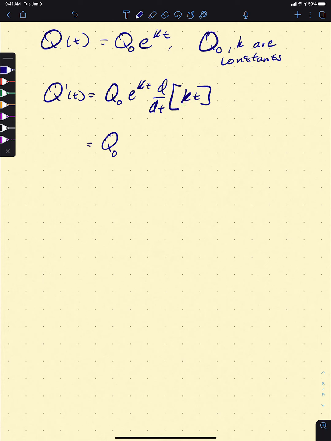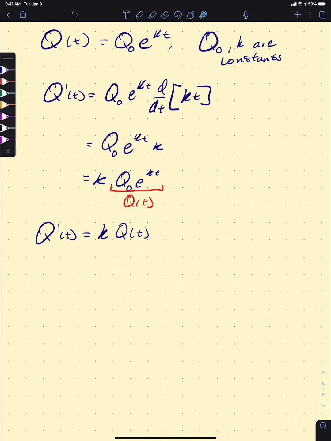Or I'm actually going to write it with the k out front, k q naught e to the kt, because what I want you to notice is that this quantity here, this is q of t. So this is one of the really nice properties of exponentials in general: the rate of change of q of t is directly proportional to its value, with some proportionality constant k.